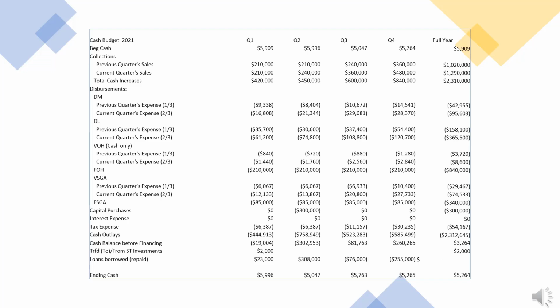This being from the previous quarter, this one being from the current quarter. You can see that play out over here when we have different amounts being carried forward. This carried forward from the previous quarter, Q3. This one is half of the sales of Q4, and you'll have a $480,000 number in accounts receivable carried forward into the following year.